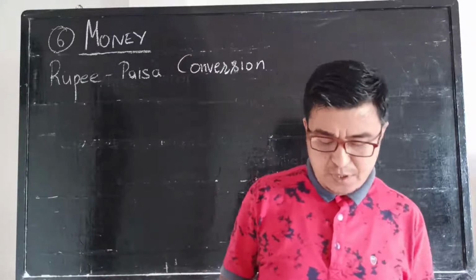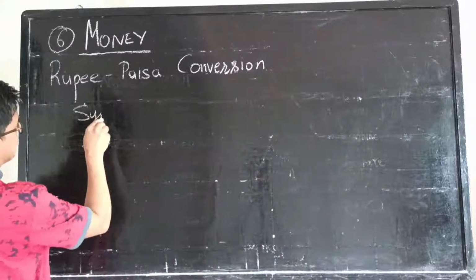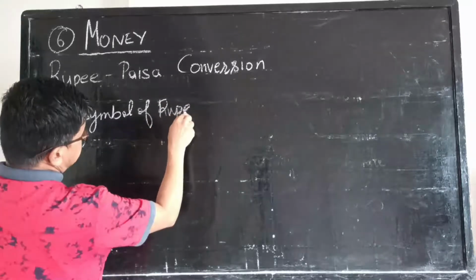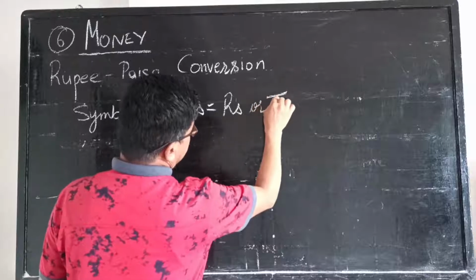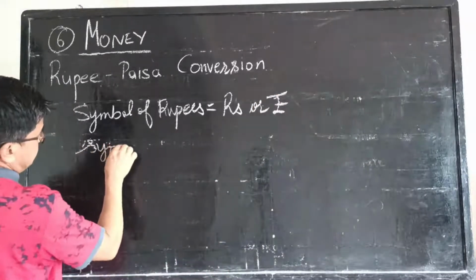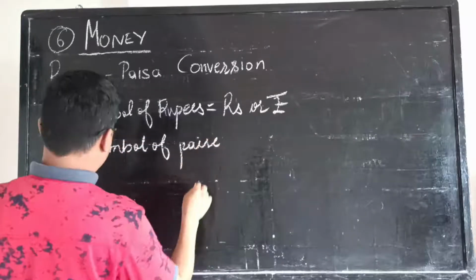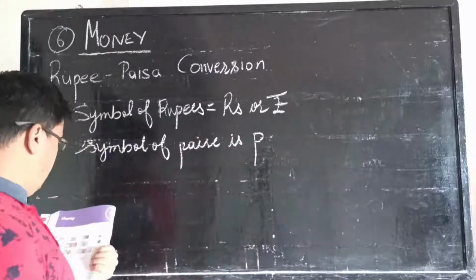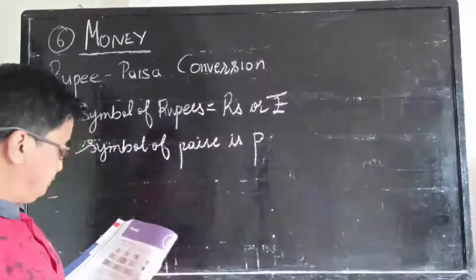The symbol of rupees is Rs or the rupee symbol, and the symbol of paise is p.